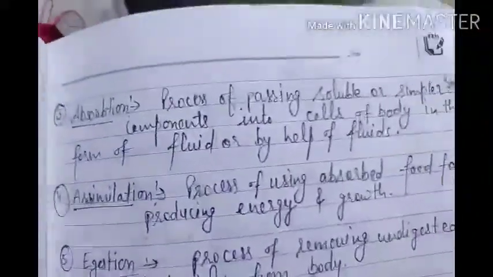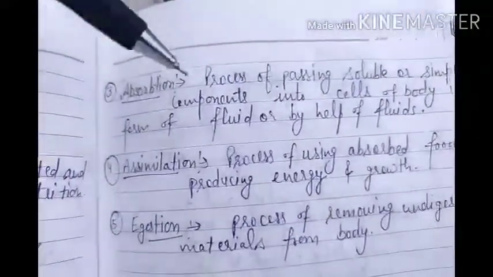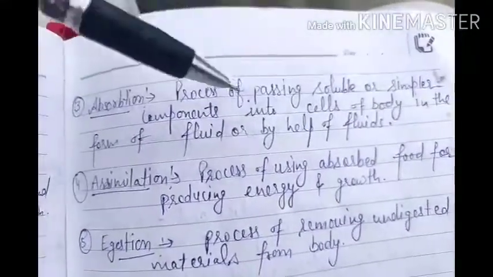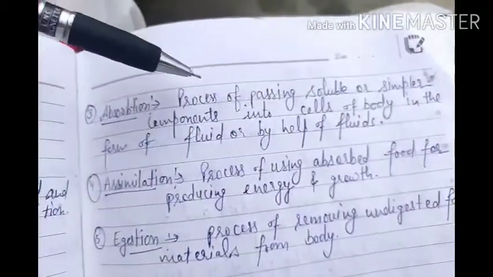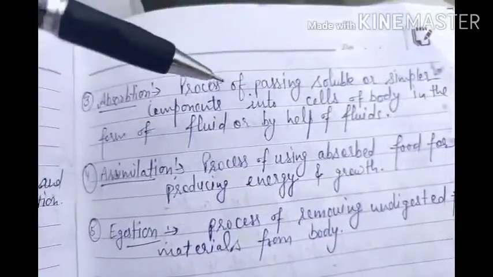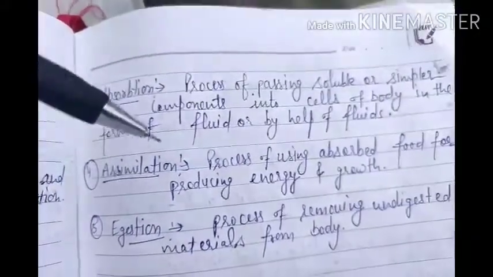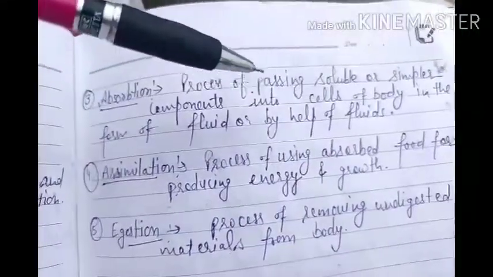The third step is absorption. When food is converted into simpler, soluble components, they enter the cells. Absorption is the process by which those simpler components pass into the cells of the body with the help of fluids. Fluids means our blood, our water.